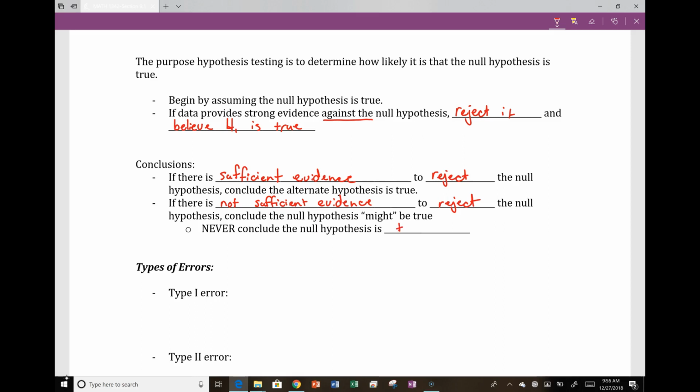We never conclude that the null hypothesis is true. Again, court of law. There's sufficient evidence, so the person is guilty. There's not sufficient evidence, they are not guilty. But we never said that they were innocent. We just said that they're not guilty. We don't have enough evidence is what it's looking at.